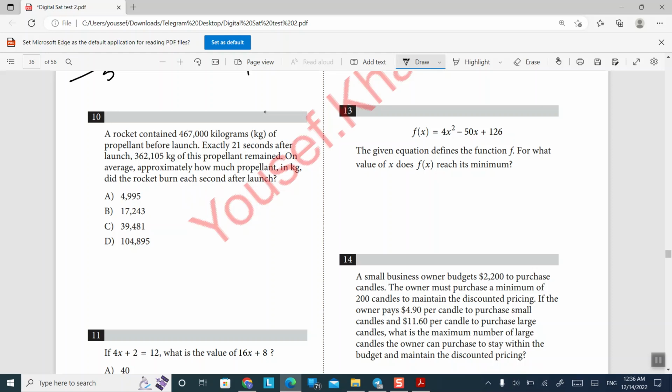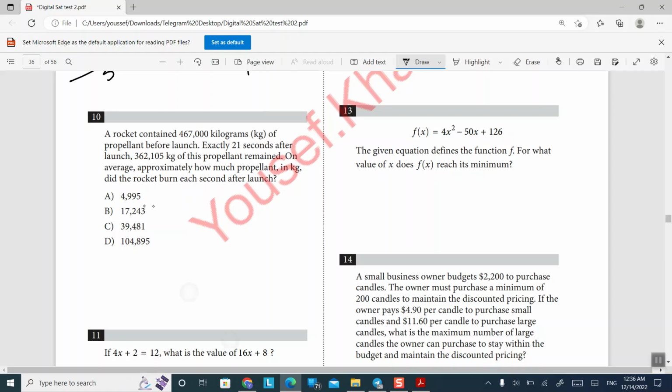So he needs, in each second, approximately how much propellant did the rocket burn.